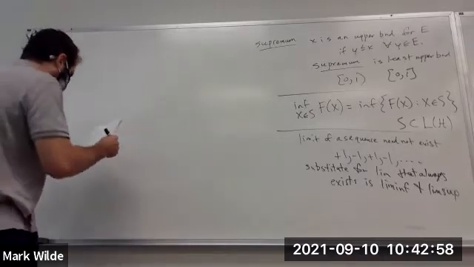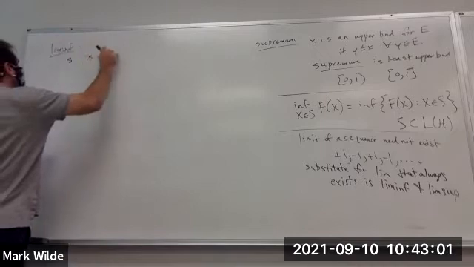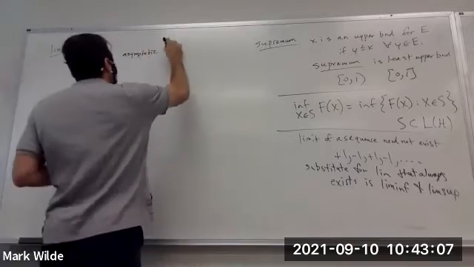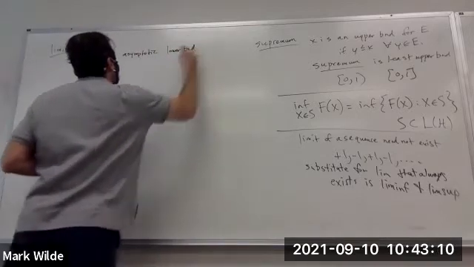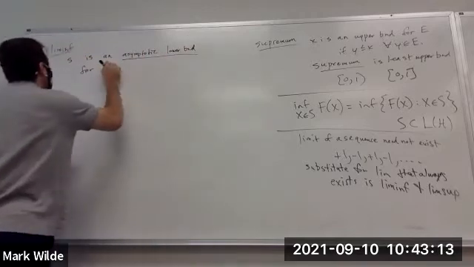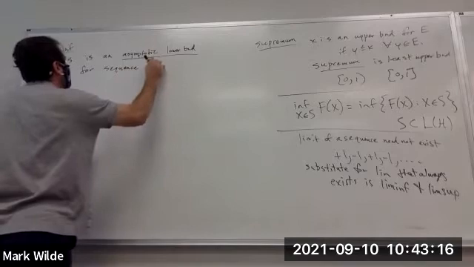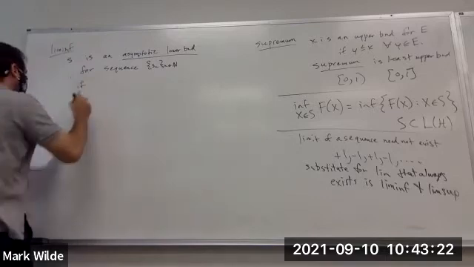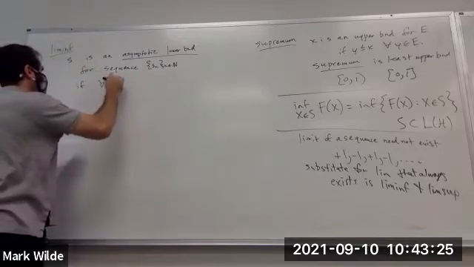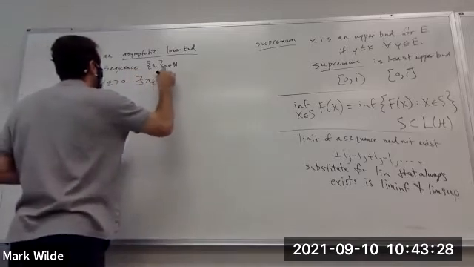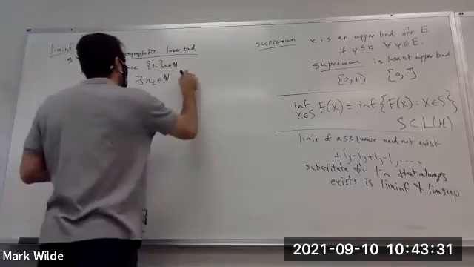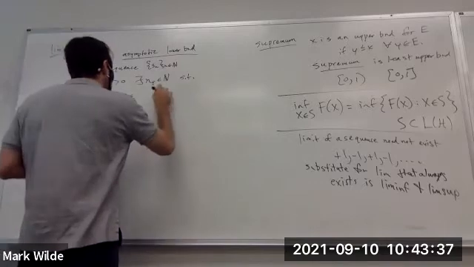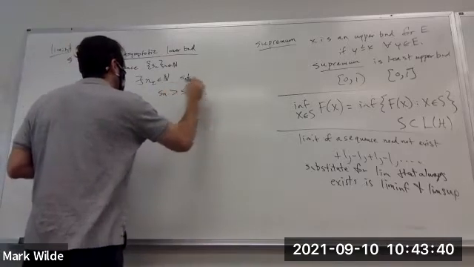Okay. So we say that S is an asymptotic lower bound for the sequence if, for all epsilon greater than 0, there exists N epsilon such that for all n greater than N epsilon, S_n is greater than S minus epsilon.